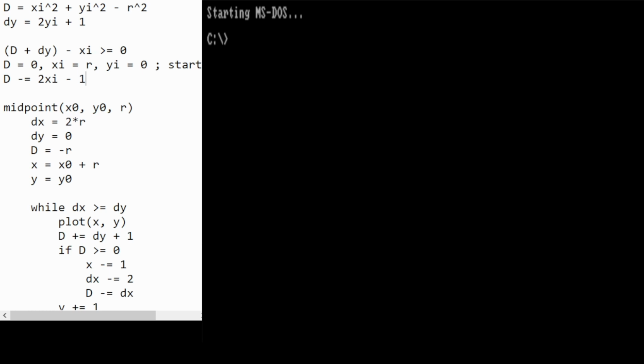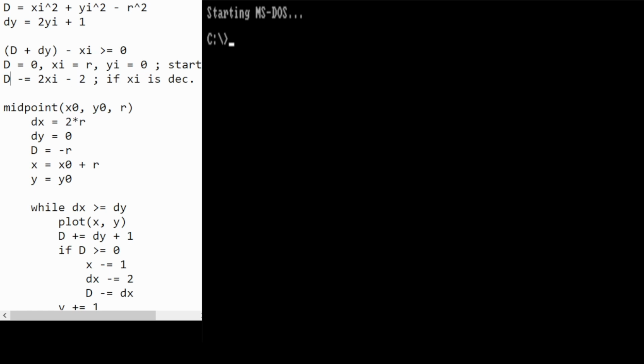And so somewhere in the algorithm we'd need to decrease d by 2xi minus 1. But instead of doing that, I'm going to make a little change here. I'm actually going to decrease d by 2xi minus 2, and obviously that's not the right amount to decrease it by, and this is in the case where xi is decremented, so in other words when we pick the upper left pixel.